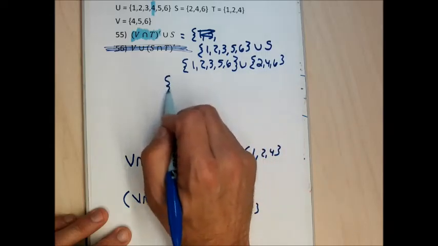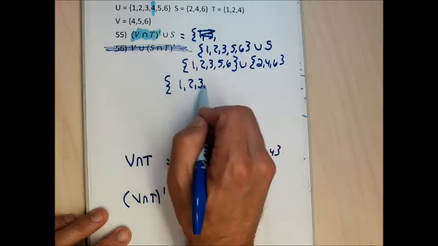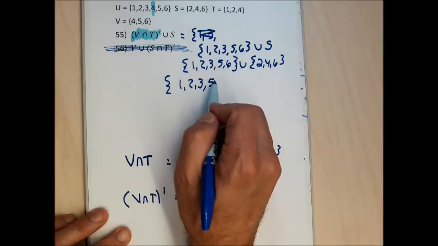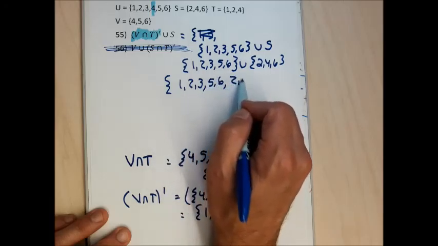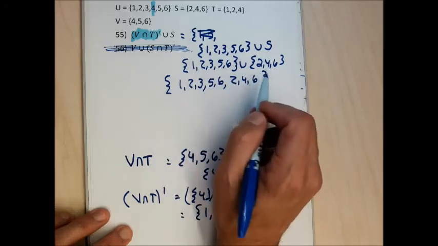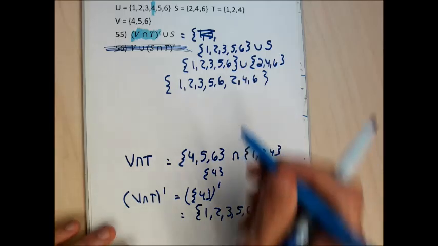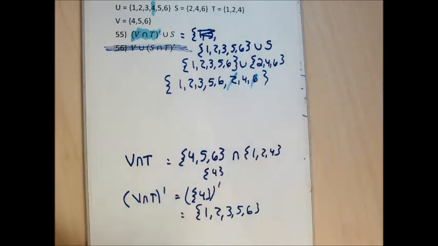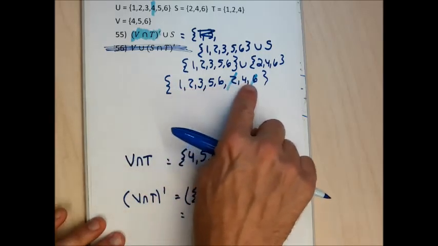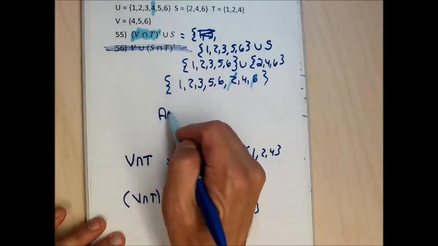When I union two sets, I take every element in the first set, in this case 1, 2, 3, 5, and 6, followed by every element in the second set, in this case 2, 4, and 6. Any duplications, I'm going to cross out one of the duplications, and I'm going to write the numbers in a nice order. I'm going to write 1, 2, 3, 4, 5, and 6 for my answer to your problem 55.